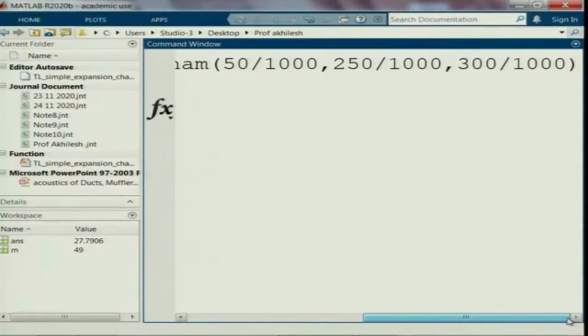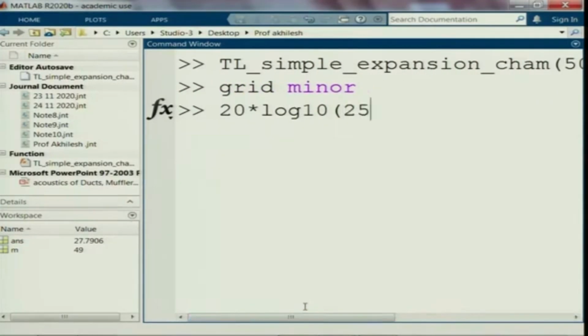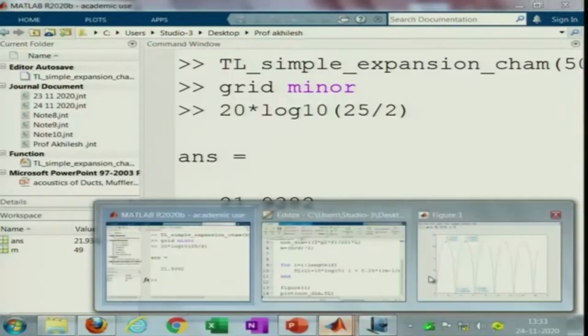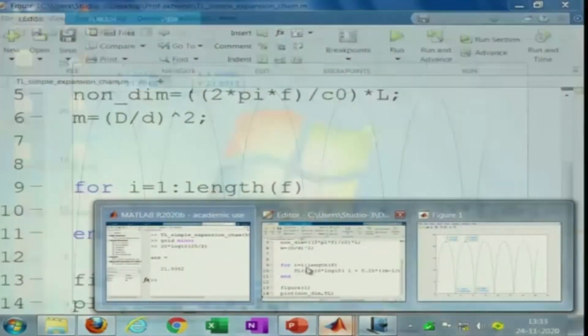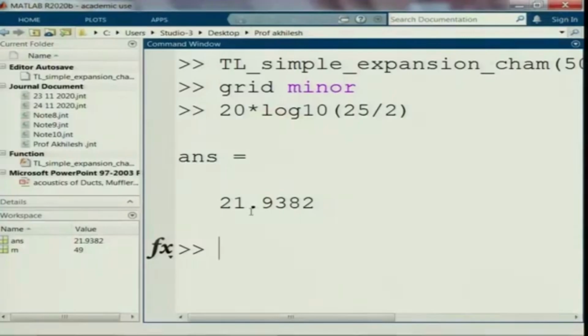So, 5 square is 25, 25 by 2, if you do that it is 21.93, bang on, and what we got is pretty much the same. So, this approximate thing gets you a very good result.